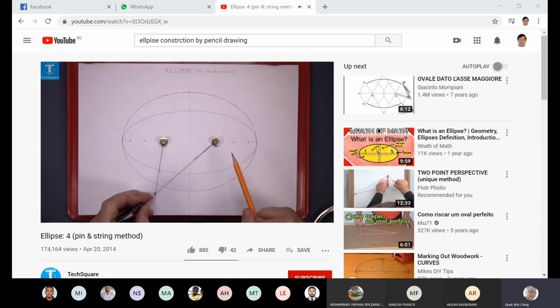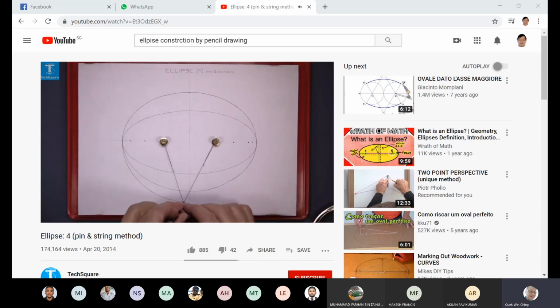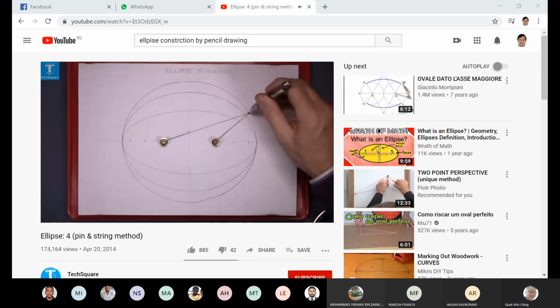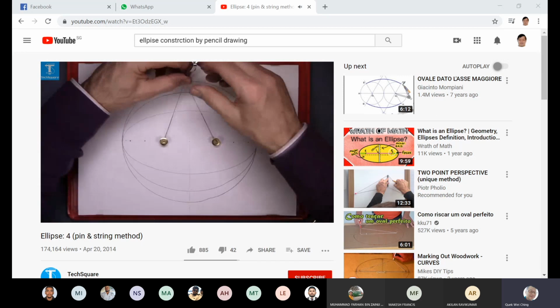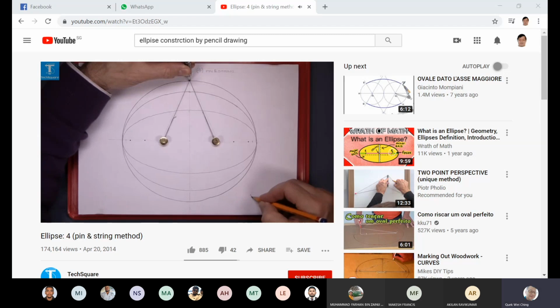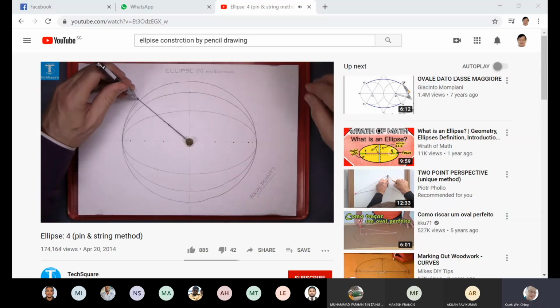You see the shape change. Finally the two points are together, and you get a circle.